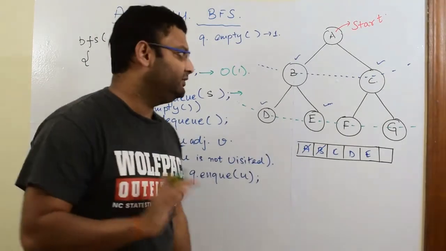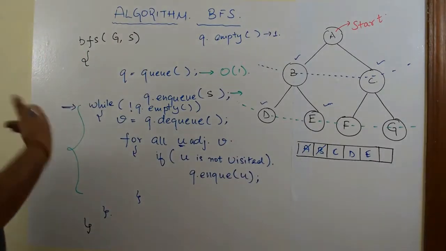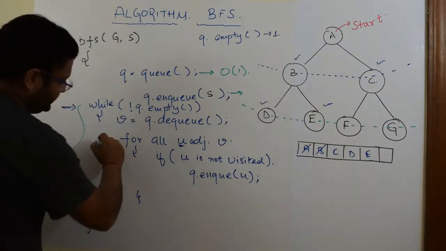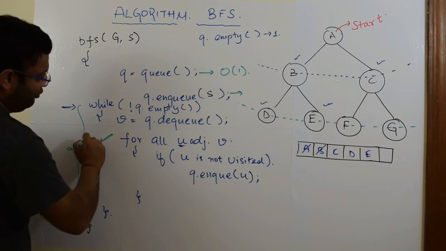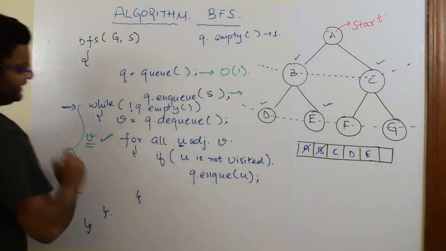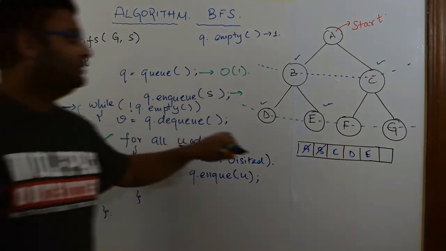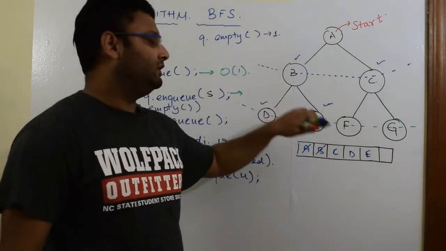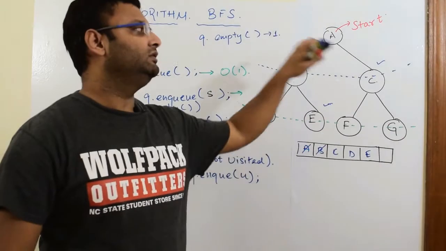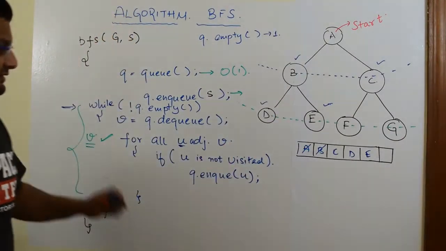It will come to each and every vertex. So it means this operation is definitely going to happen V times. This for loop will be called V times, once for each vertex we have in this graph, correct?